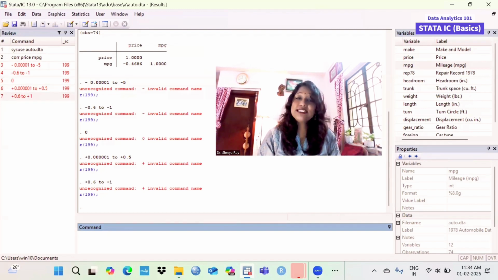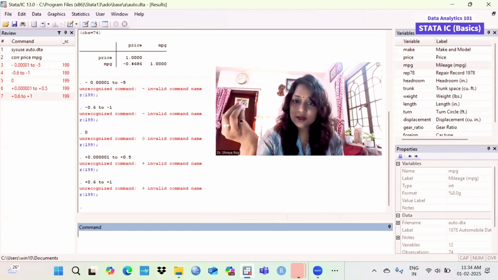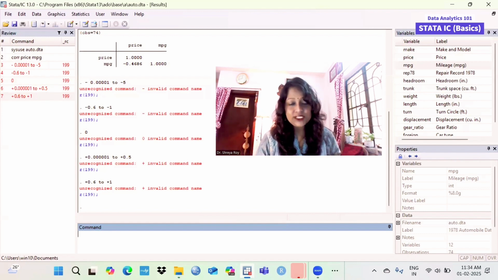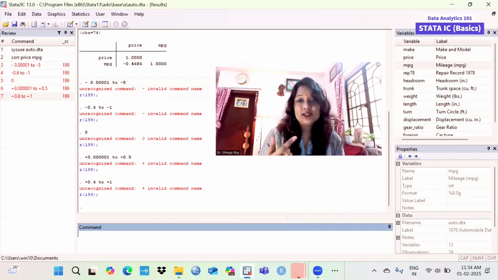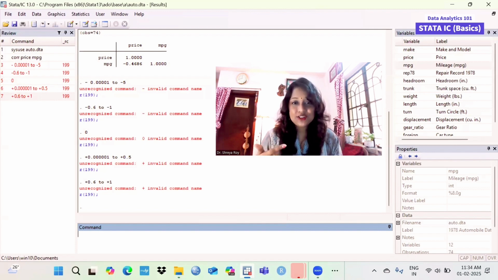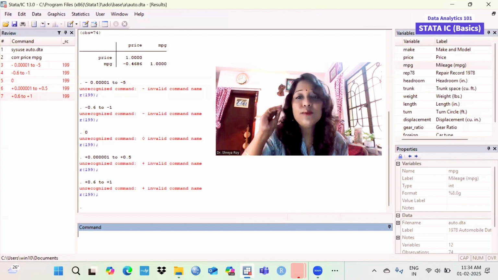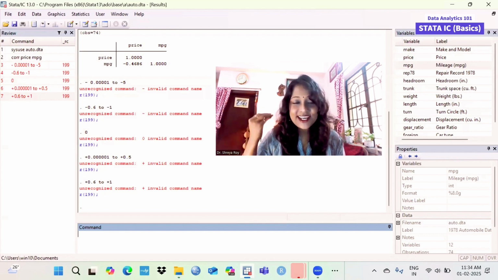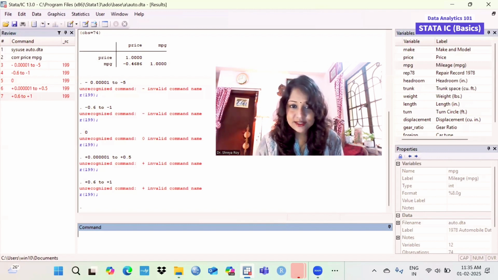When I say it is negatively related, what does it mean? It means if one variable increases, the other variable will decrease. For example, over here we are seeing that as price increases, mileage decreases. Basically, as the price of the car increases, the mileage provided by that car decreases. I hope I was able to explain that.